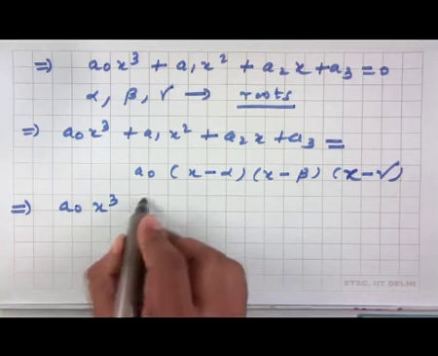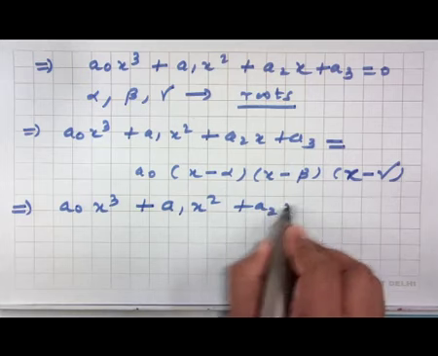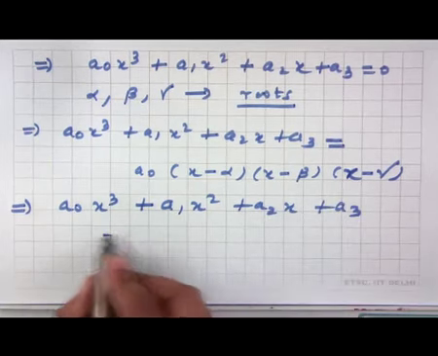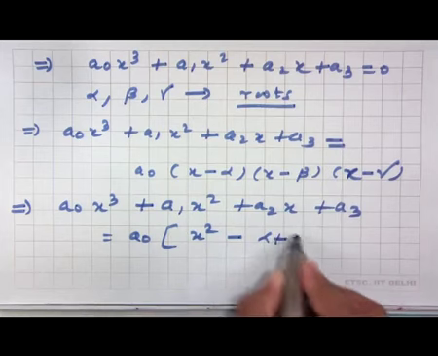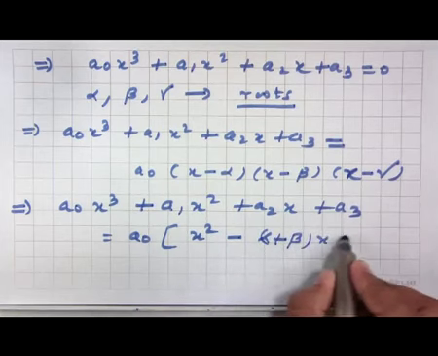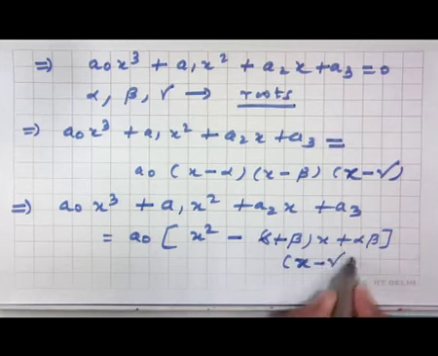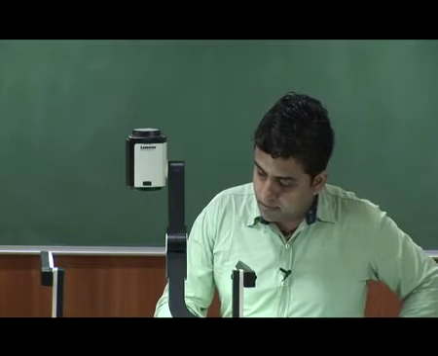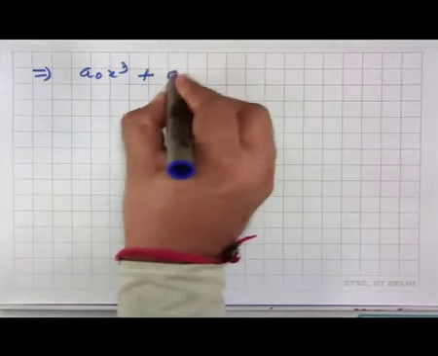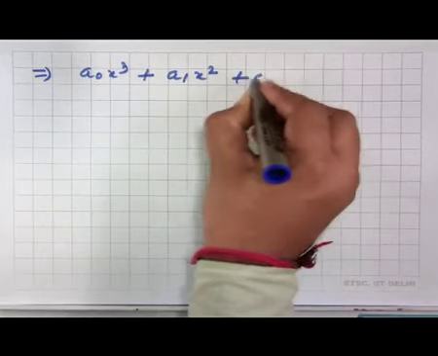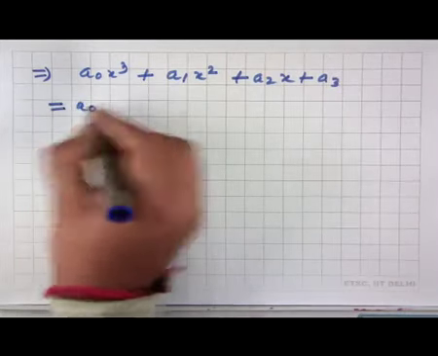So a0 x³ + a1 x² + a2 x + a3 equals a0 [x² − (alpha + beta) x + alpha beta] multiplied by (x − gamma).